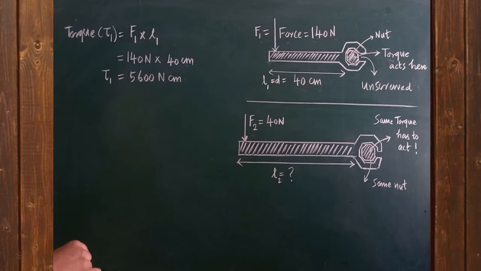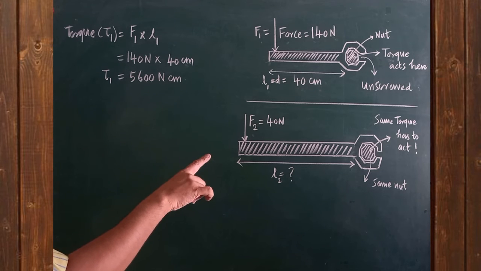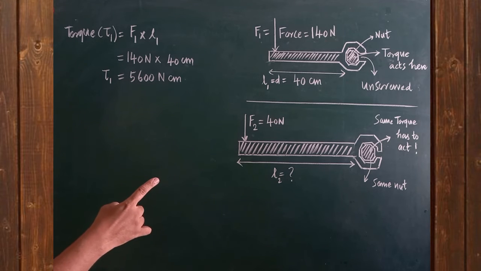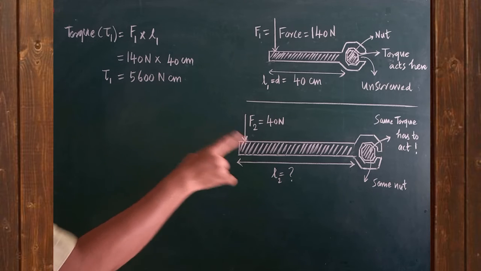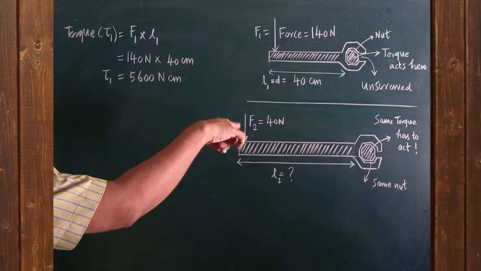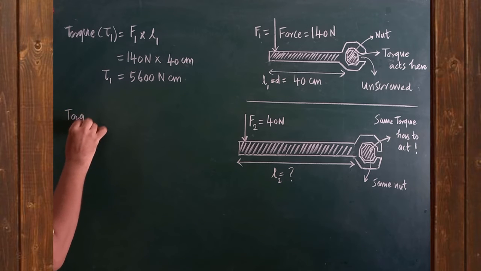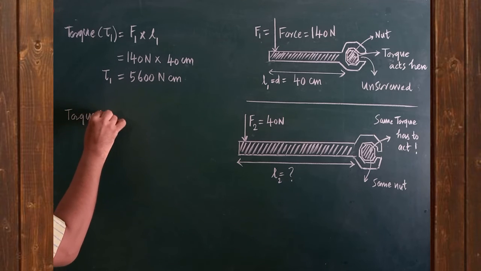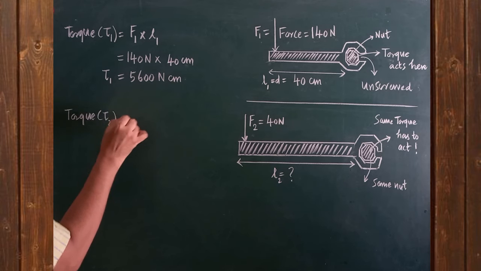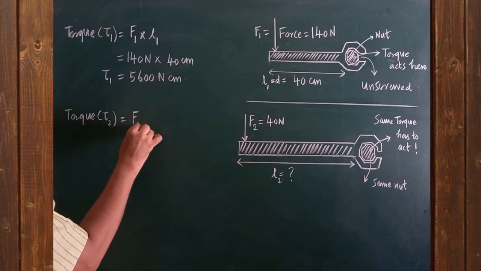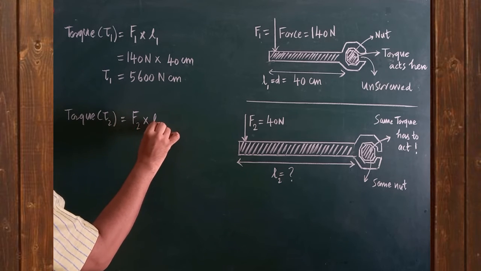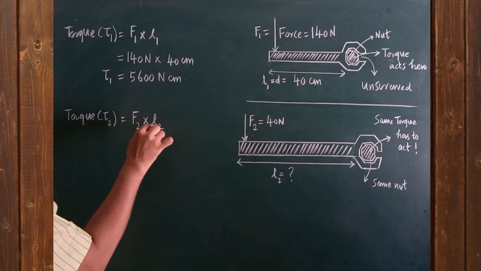Now we are using the second spanner. The same torque has to be applied there, but here the amount of force is reduced. Torque acting in the second case is τ2, and the formula is F2 into L2. This is the new length of the spanner to be found.